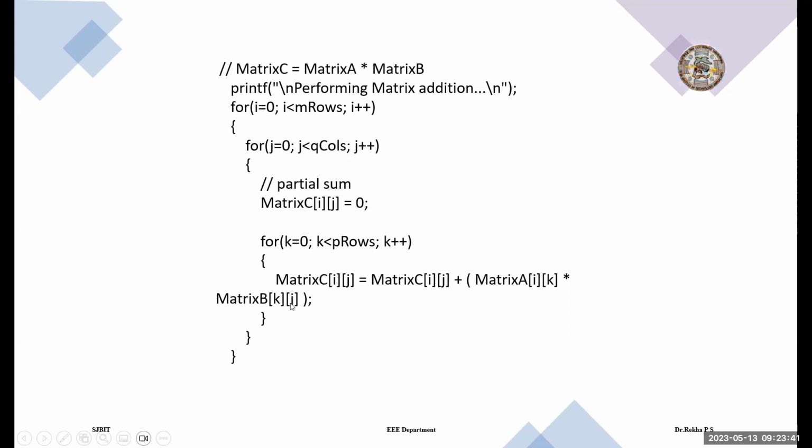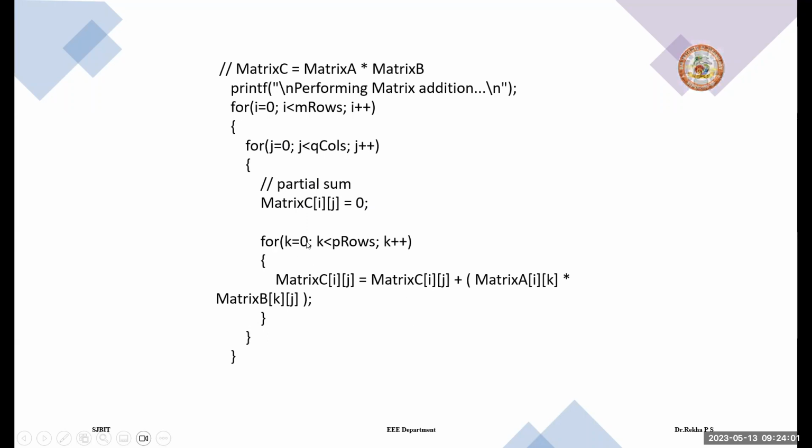Next, since we are doing the multiplication, you should be very, very careful. So the k loop, one more nested for loop, is important here to learn. Inside this for loop, we are doing the addition and multiplication.